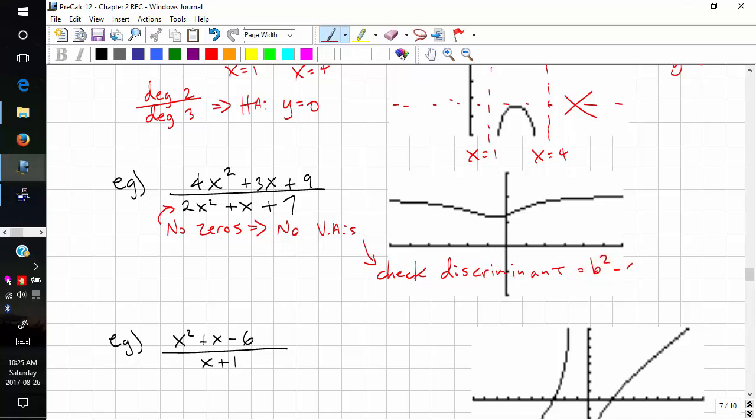B squared minus 4ac. So we have b is 1 squared minus 4 times 2 times 7. We don't need to evaluate this. 1 is a lot smaller than this, so this is going to be very negative. So there's no real roots.